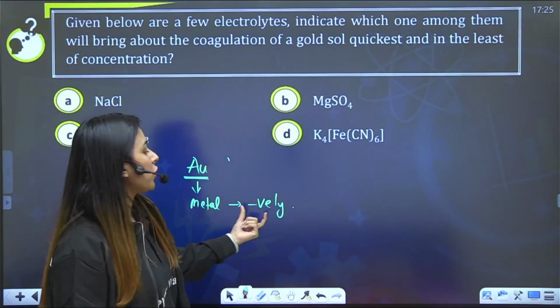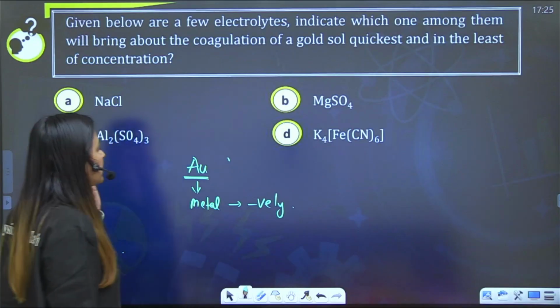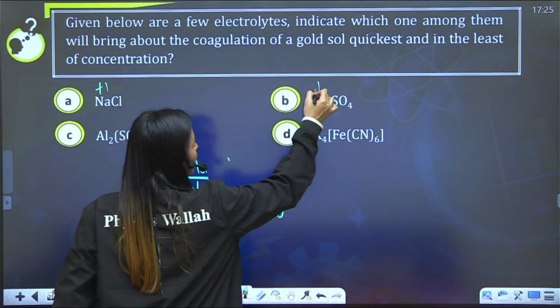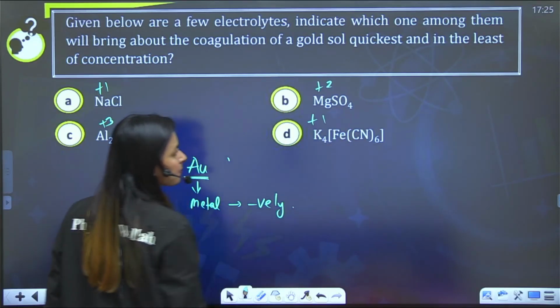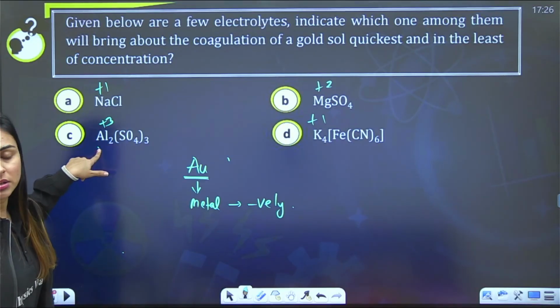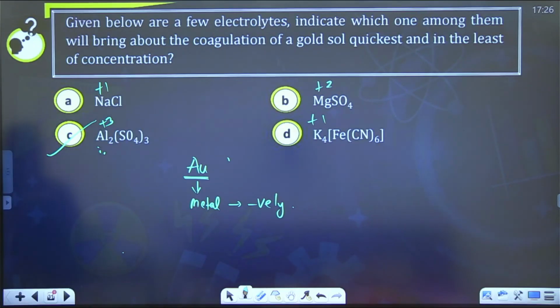Ma'am, a positively charged electrolyte, right? Yes. So let's see which of the following has the maximum positive charge. You have +1 here, +2 here, +3 here, and +1 here. So the maximum positive charge is here, so this will show the maximum coagulation. So option C will be your correct answer, right? Yes, please write it down and then we'll move forward. I hope you've written it.